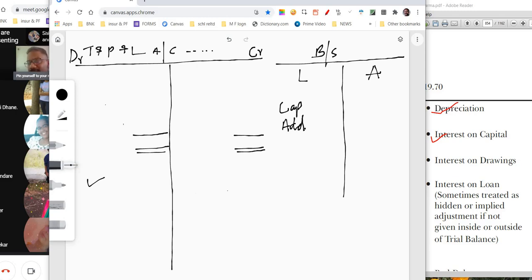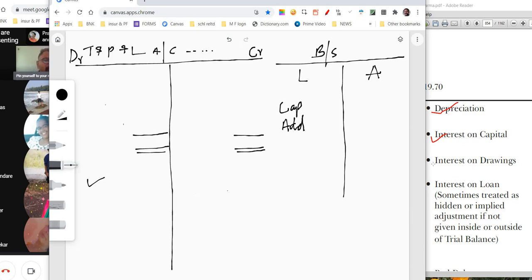Then what are the items deducted from capital? Drawings. Then net loss. Then interest on drawings. Okay, interest on drawings also will be deducted.